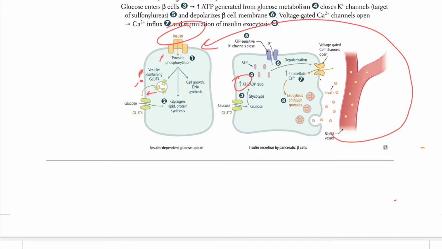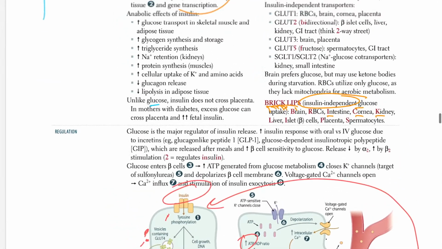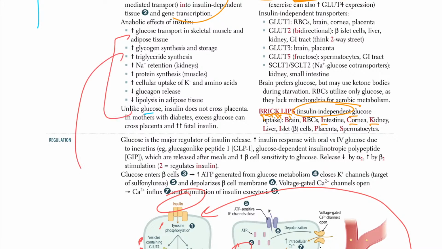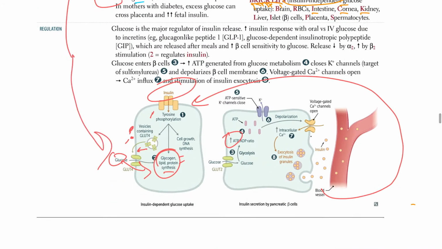That's one thing. The second thing it's going to cause is glycogen, lipid, and protein synthesis, which is also that glucose is coming down with the help of insulin. It's leading to glycogen, lipid, and protein synthesis, which we talked about, how the normal mechanism is here. And the third thing it's eventually going to cause is cell growth and DNA synthesis.